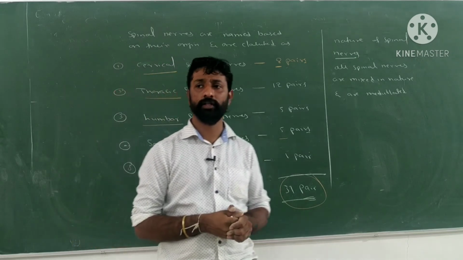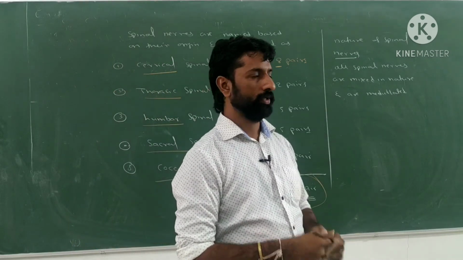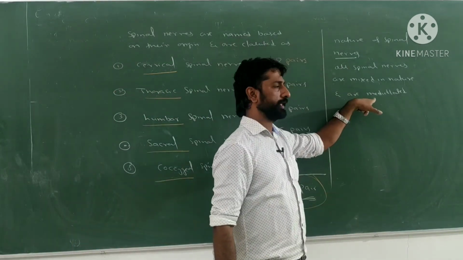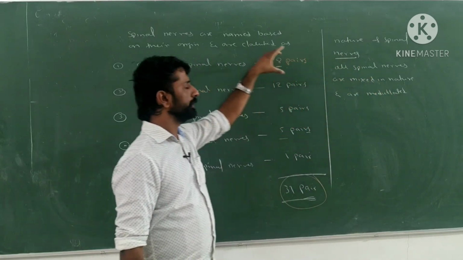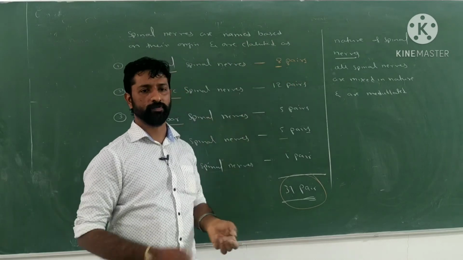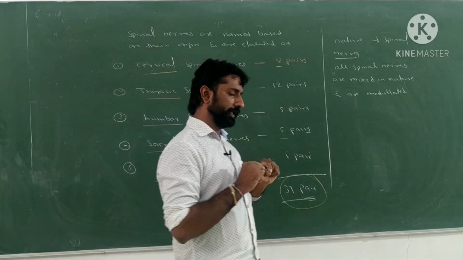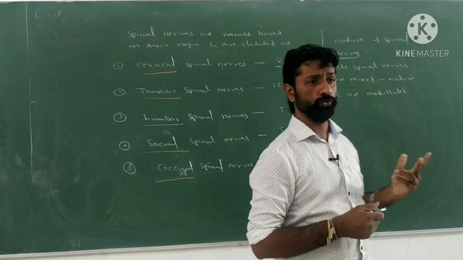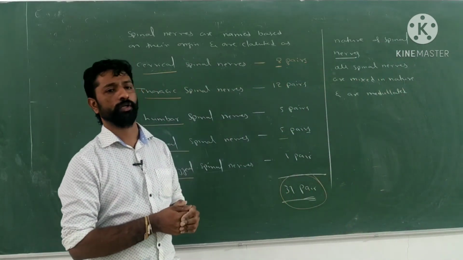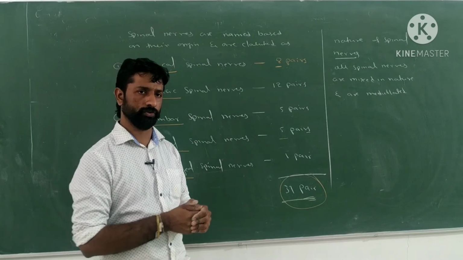When covered by myelin sheath, then they are called medullated. So all the spinal nerves are medullated and they are mixed in nature. And the spinal nerves mainly leave the spinal cord by means of 2 roots. What are those? Dorsal root as well as the ventral root.